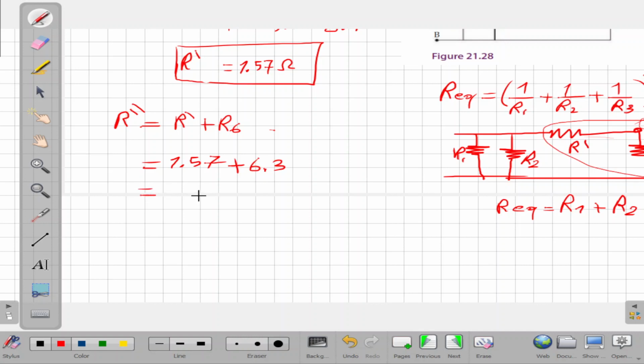Plugging the values in the calculator, we find that the equivalent resistance R double prime is equal to 7.87 ohm.